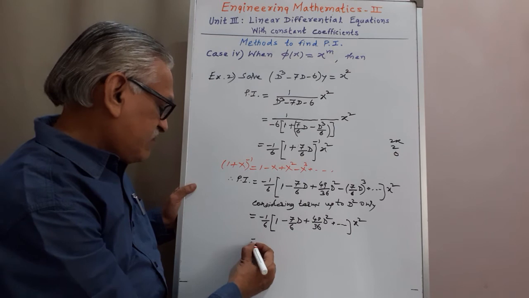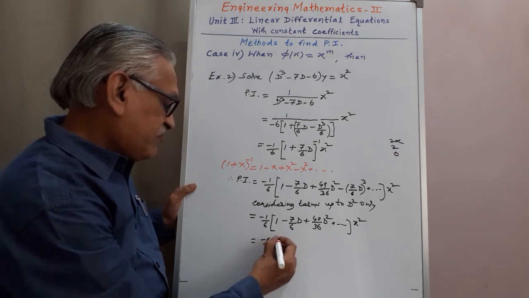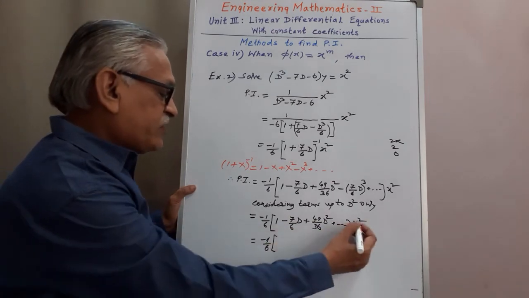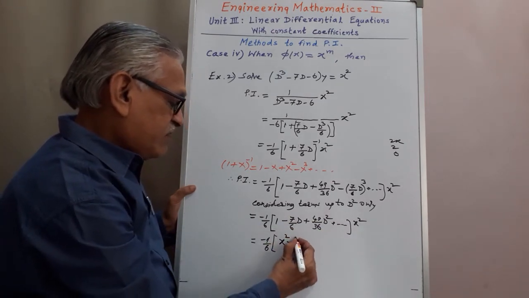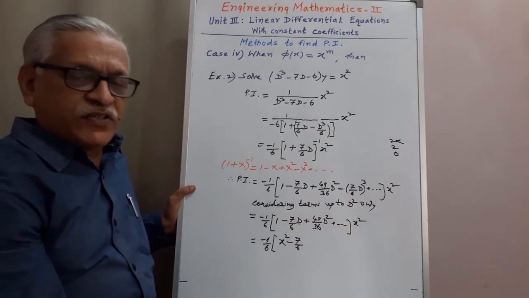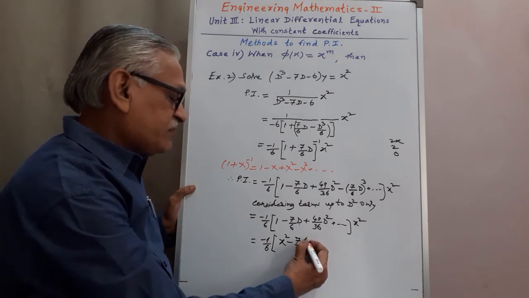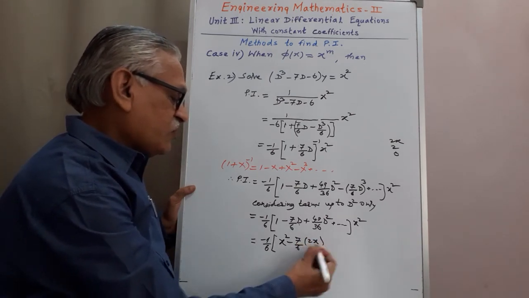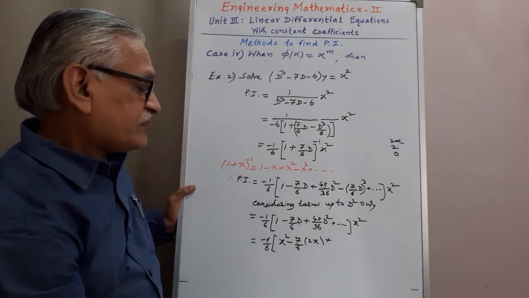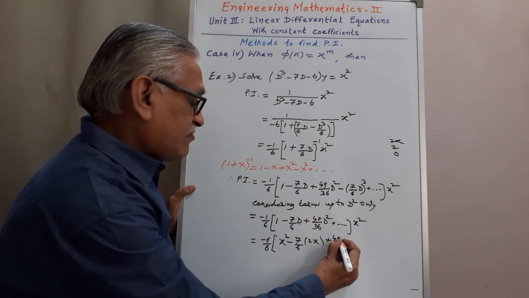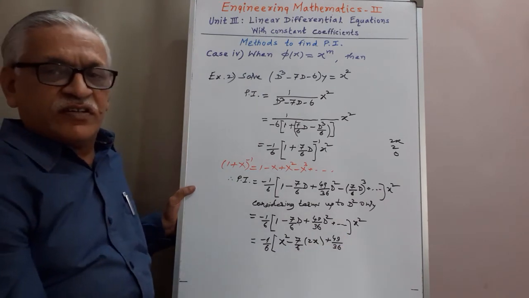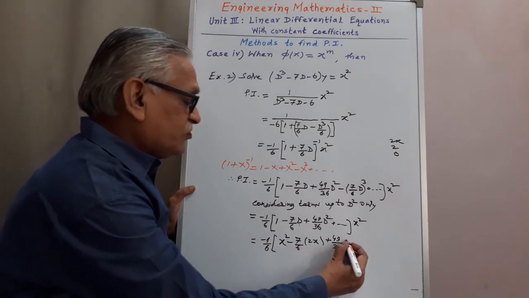And then it is minus 1 by 6 times operating it or multiplying it term by term. Therefore 1 into x square we get x square minus 7 by 6 times D of x square means derivative of x square. Derivative of x square is 2x plus 49 by 36 second derivative of x square. Next derivative of 2x is 2.